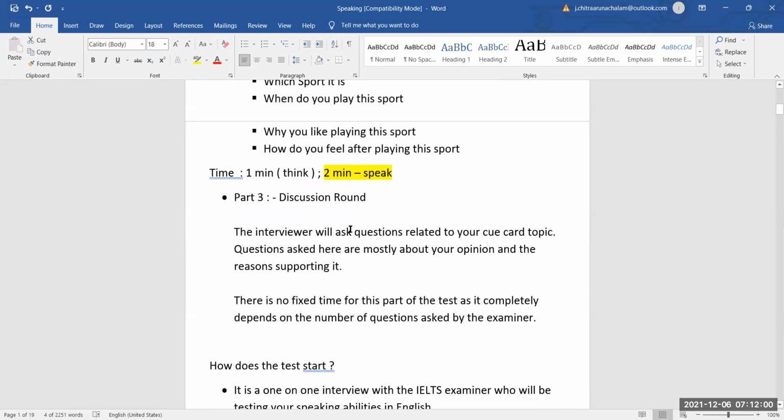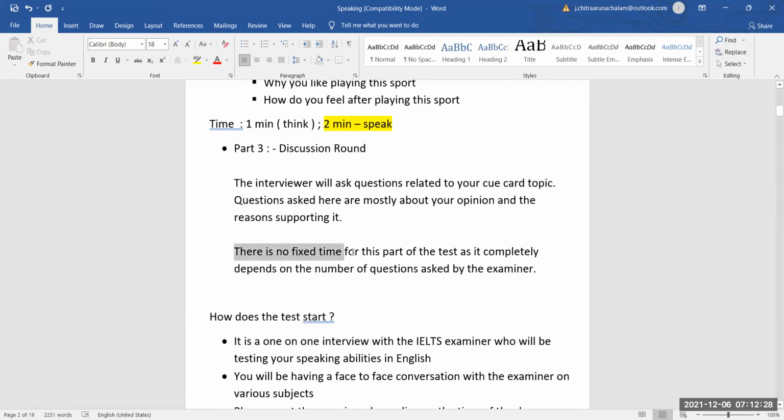The questions asked in the discussion round will be based on it. For example, they may ask: do people in your country prefer indoor games or outdoor games? This is something related to sport, to games. Mostly they will ask you to state your opinion in general.